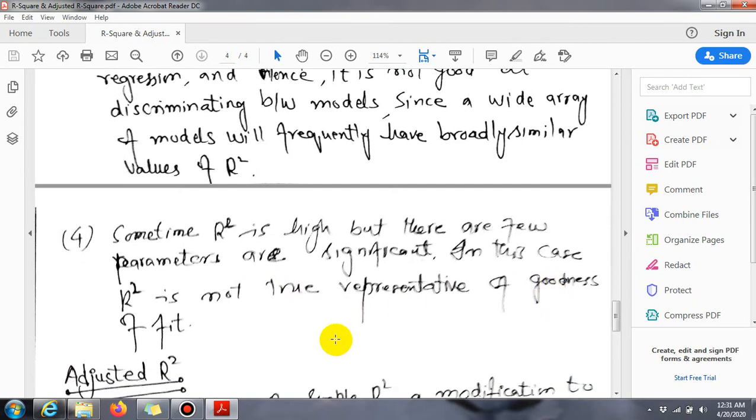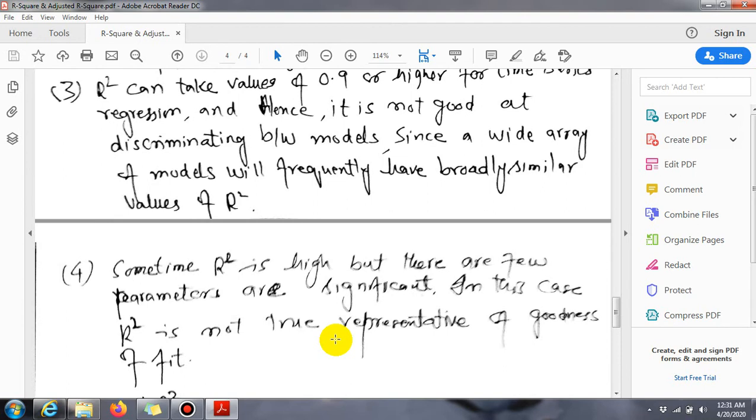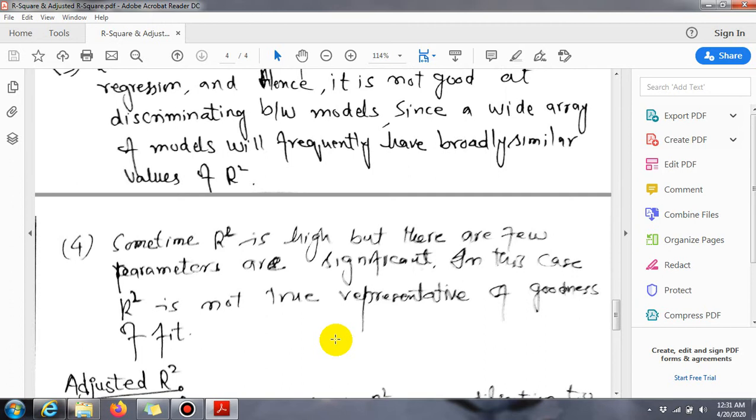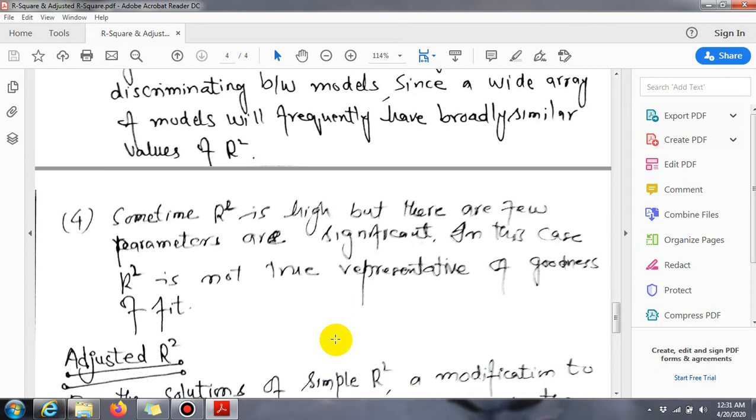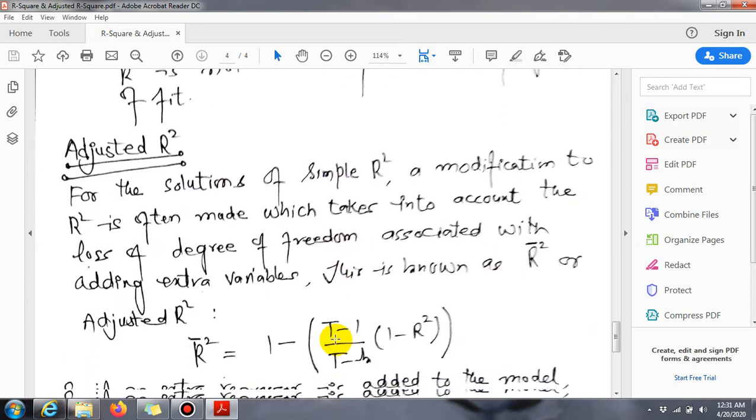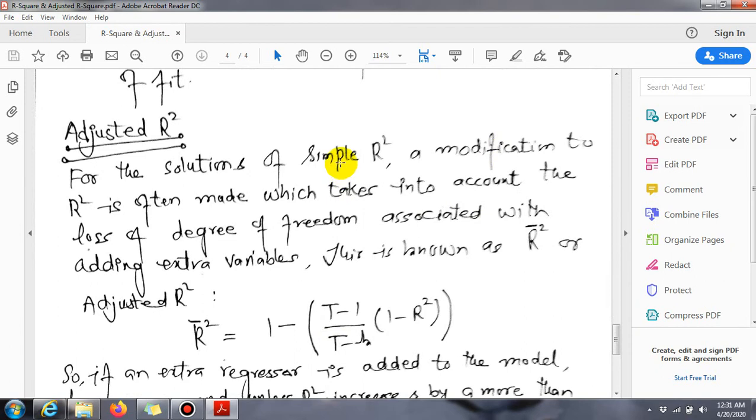So R square is not a test which is used for checking the goodness of fit. Under such weakness, there is another method which can be used for goodness of fit, that is adjusted R square.